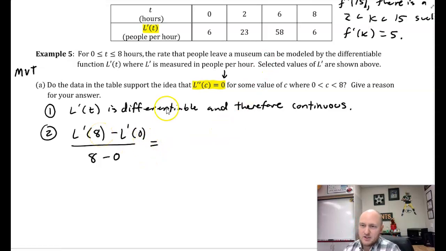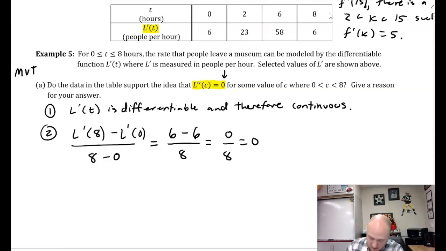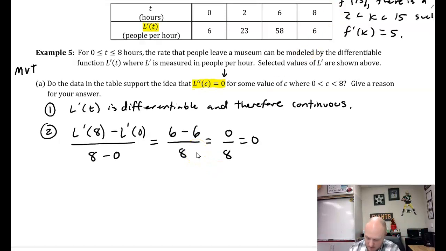So if I go ahead and do this, now L prime of 8, that is equal to 6. L prime of 0 is equal to 6 over 8. And this gives us 0 over 8, which is 0. Ta-da! There we have it. Okay, so our two conditions are met. We can go ahead and use the mean value theorem.